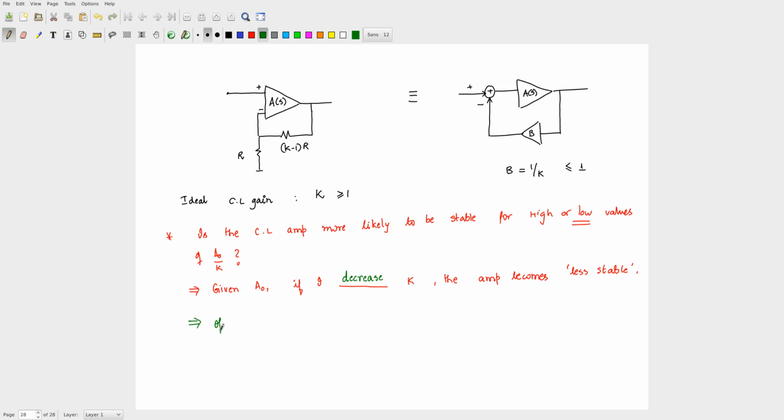Implies if my closed loop amplifier is stable for k equal to 1, it implies the amplifier will be stable for all k greater than 1. Correct? Just a corollary of what we have done.